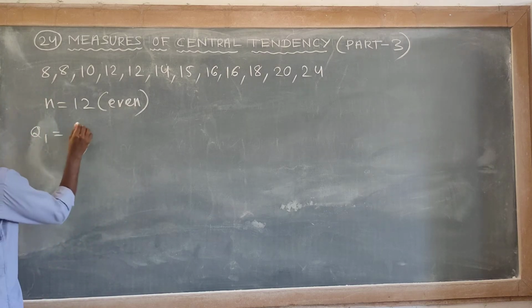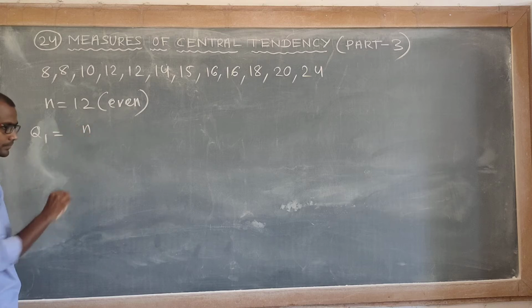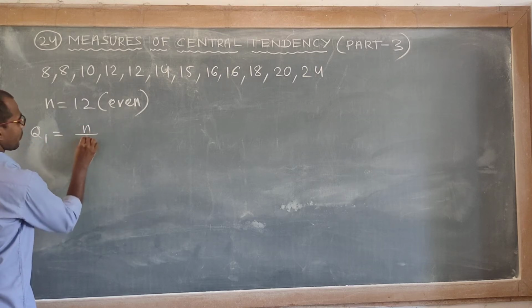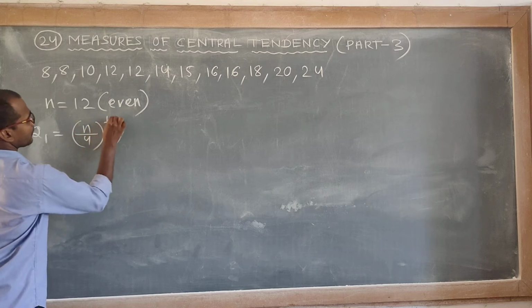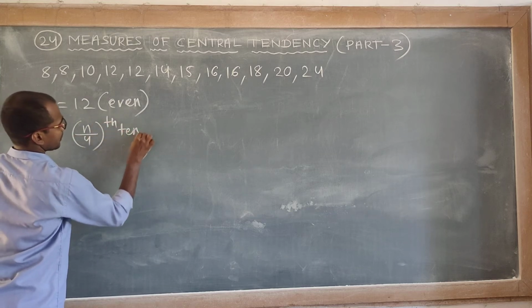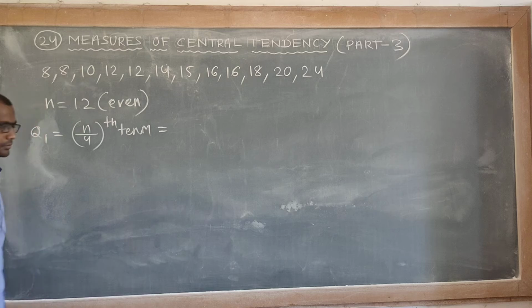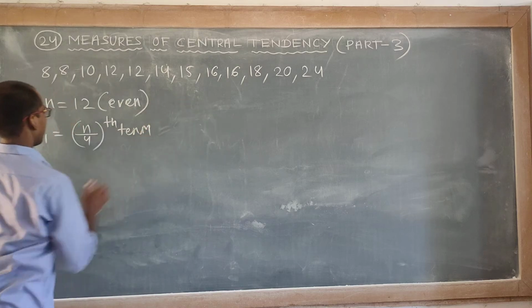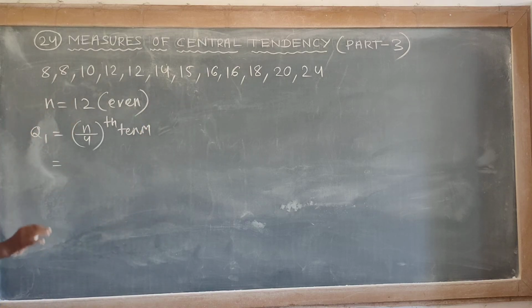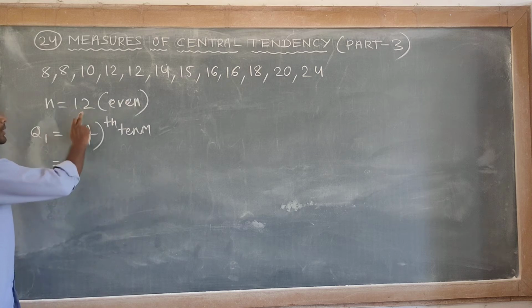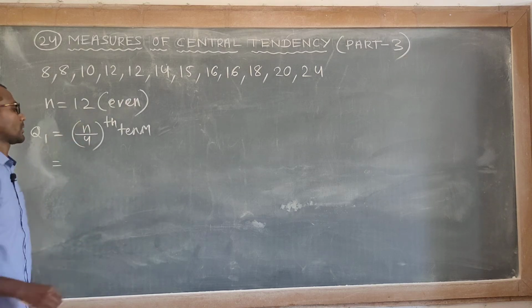Lower quartile: since it is even, therefore N, and since it is lower quartile, 1 by 4. Combining we get N by 4 term. What is N? 12. 12 by 4 is 3. So third term.